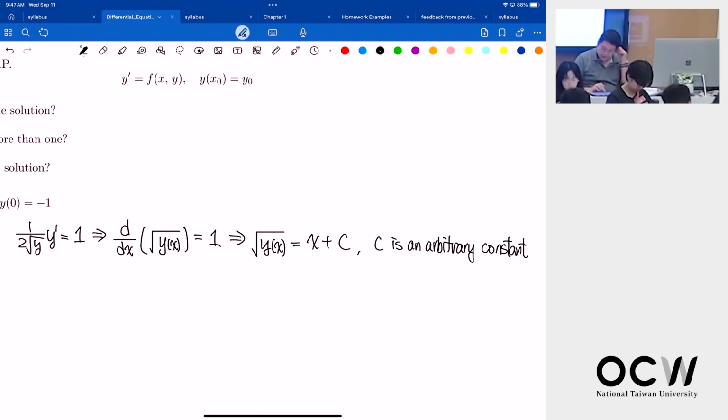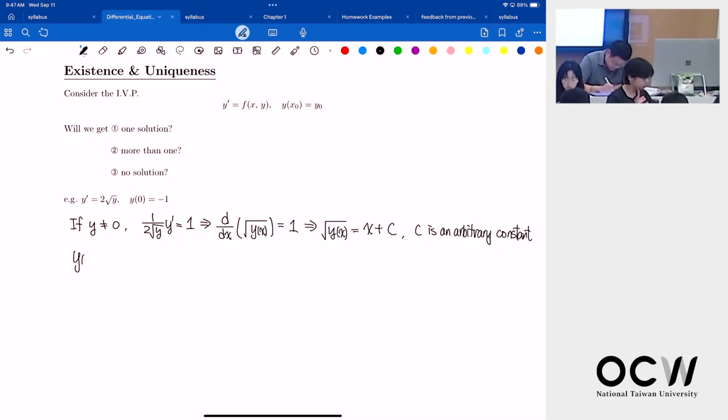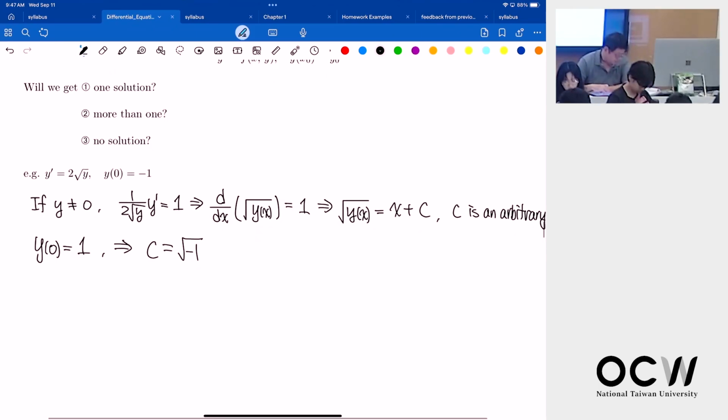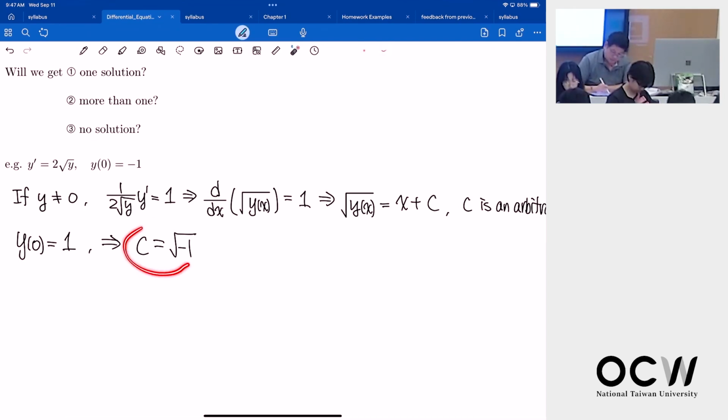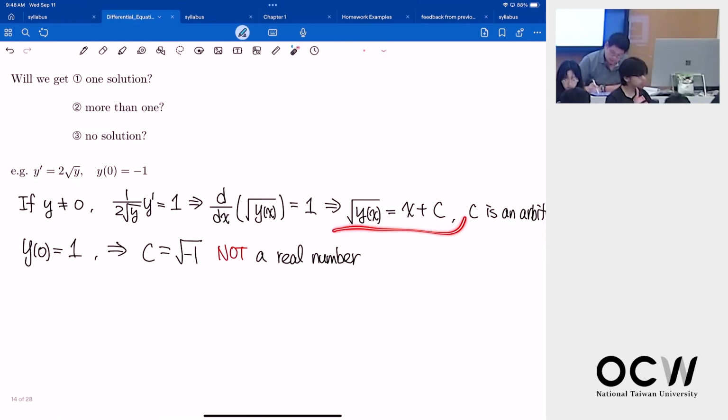And then we can use the initial condition y of 0 equals 1. Then your c is square root of minus 1. And you see that this is square root of minus 1. It is not a real number. And my equation is real. So actually, I can get this solution here so far, that's okay.